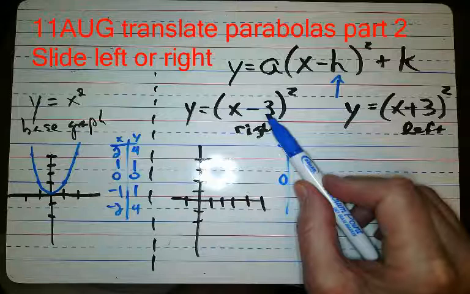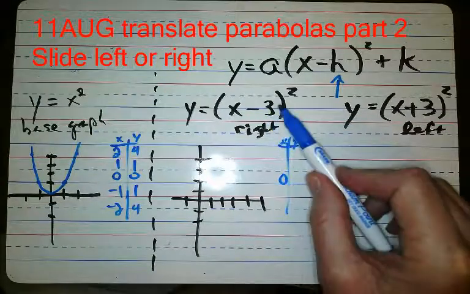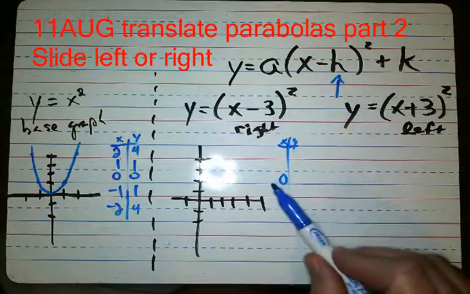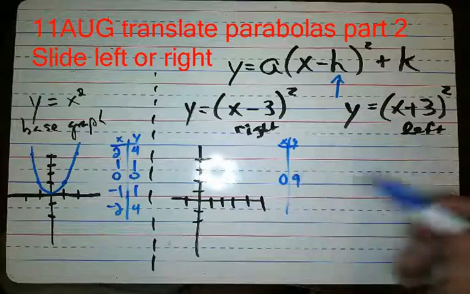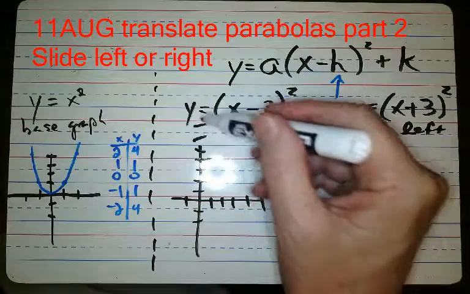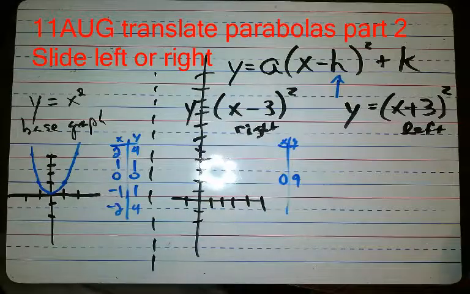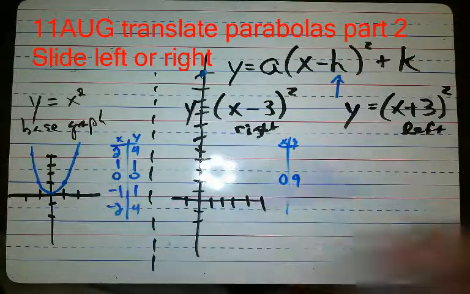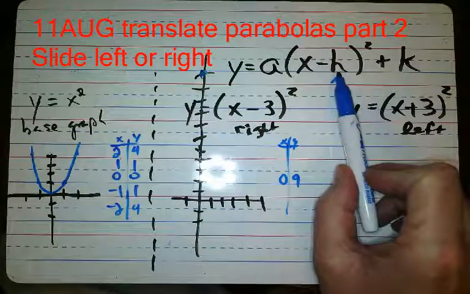So whenever I put 0 in, I get off my graph because 0 minus 3 is negative 3. Negative 3 squared is 9. Holy smokes! Look what happened. It's way up here. So we don't want to start with 0 like we did before. What we're saying is the whole graph slides to the right 3.